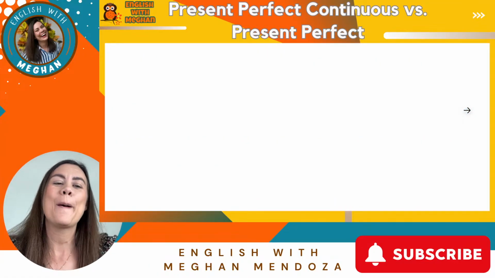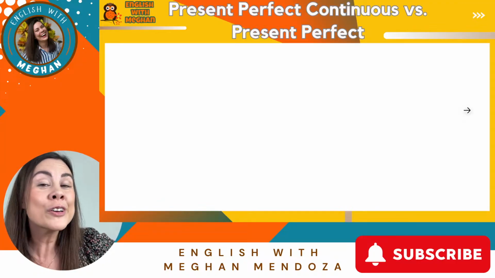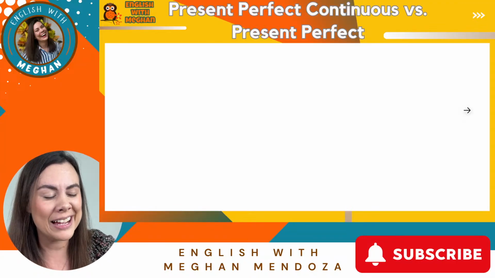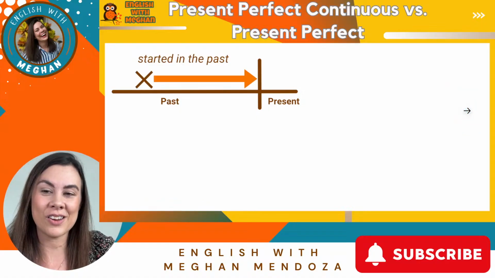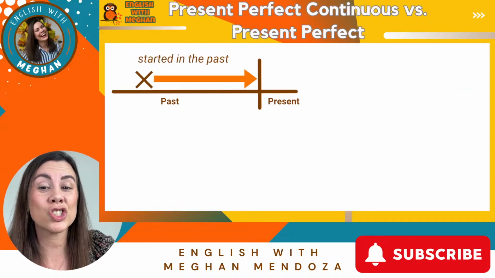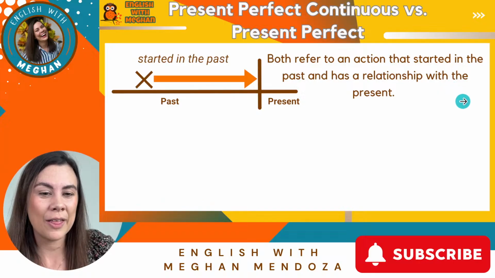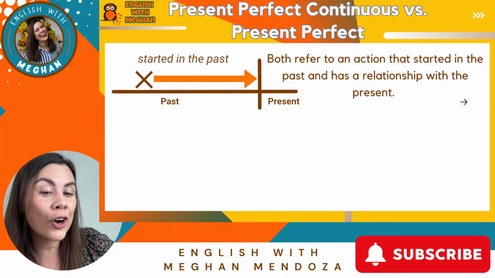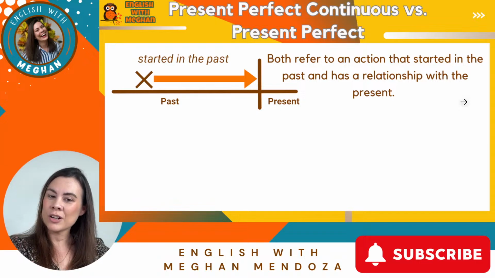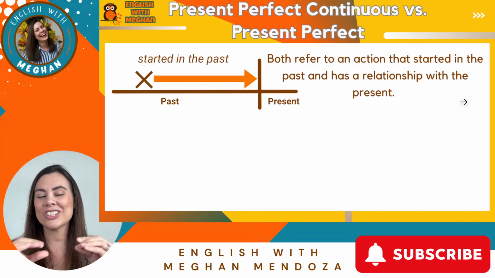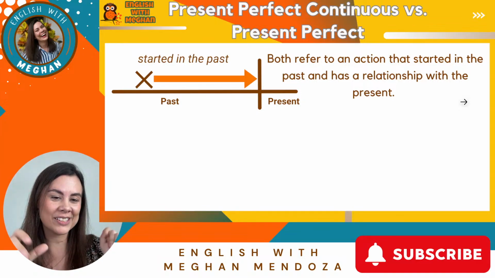This is the hard stuff. Are you ready? Present perfect continuous versus present perfect. Actually, it's not that hard. You can do it. They both refer to an action that started in the past and has a relationship with the present.